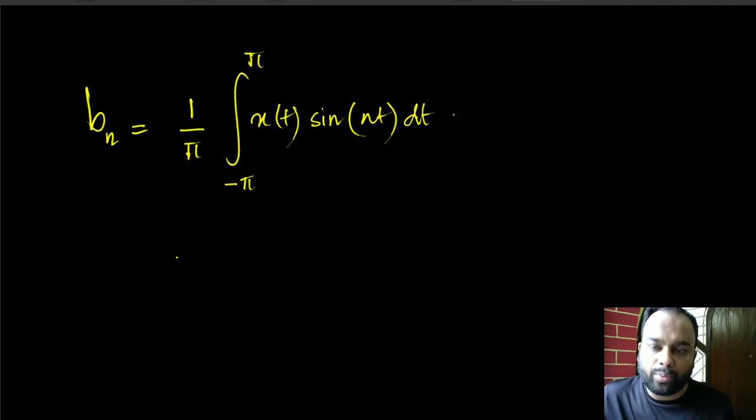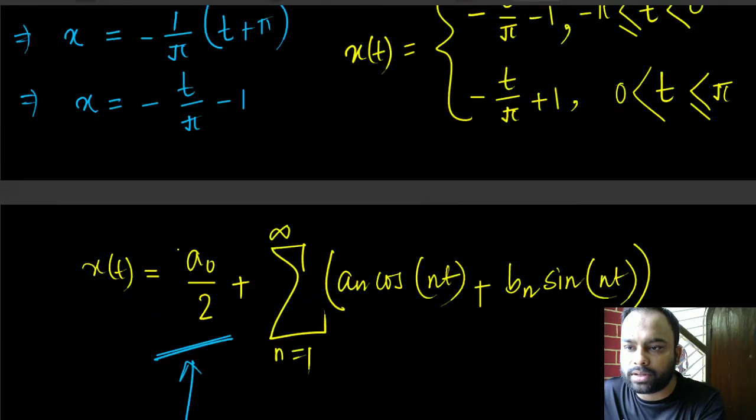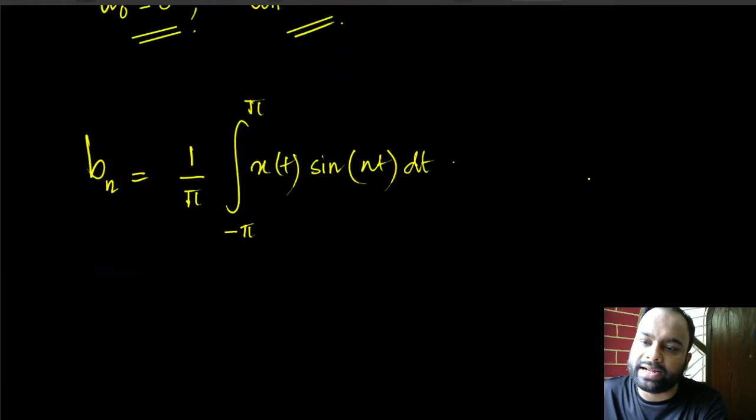Now recall that we expressed this signal in two portions, right? This was our expression for the signal. We had one expression when t was between minus pi and 0, and another expression when t was between 0 and pi. So with that said, we have to split this integral into two portions.